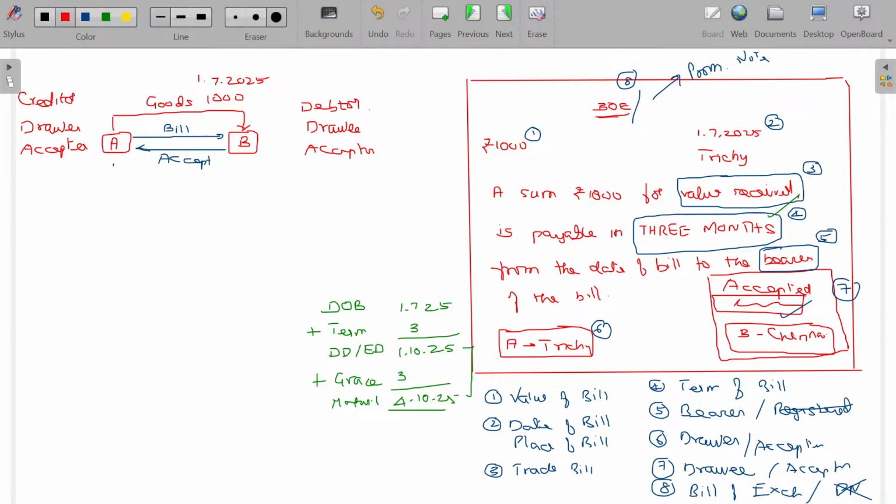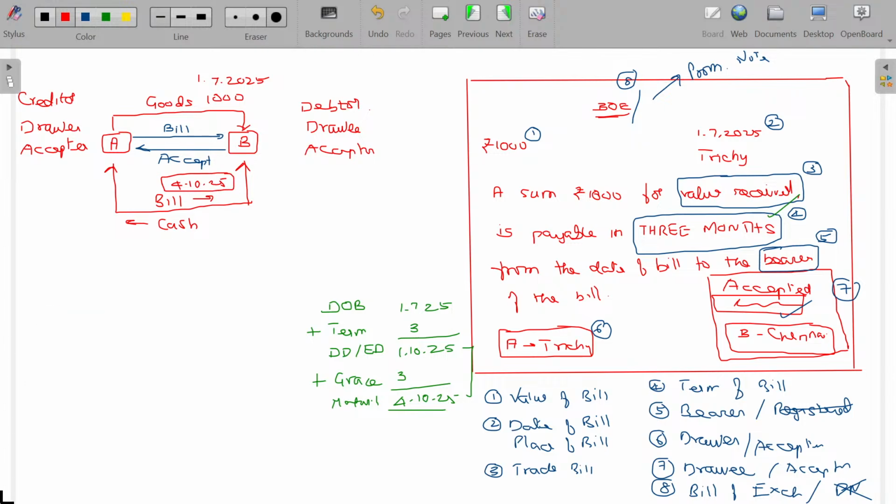So what happens here? A, on the maturity date, sends the bill to B, and B makes the payment on that date. Which date? Exactly on this date, 4/10/25. Is that clear? This is the maturity date.